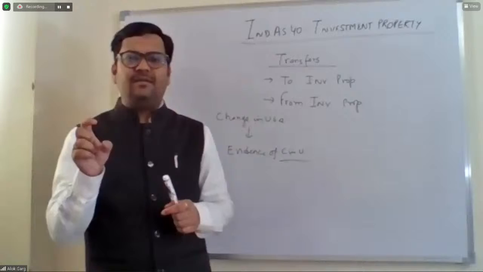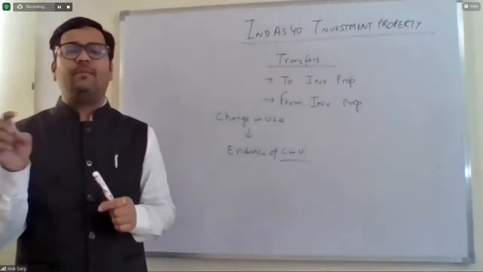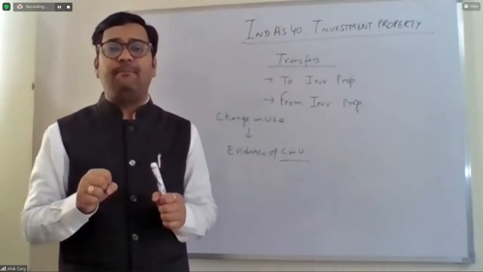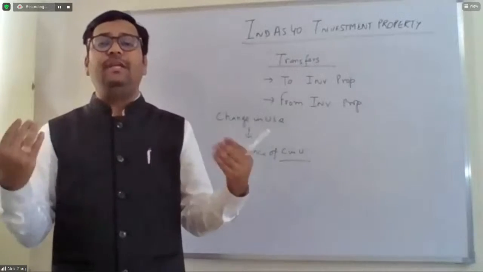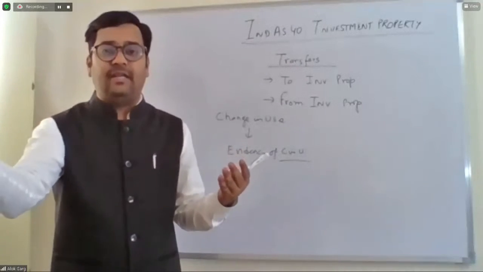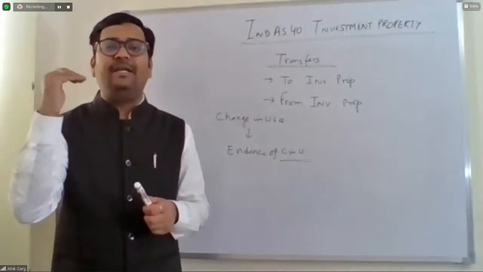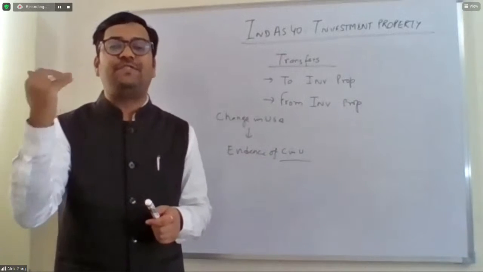So in this case, it is not only about management intention. For example, management is saying we intend to lease out this building, but to support the intention there must be some evidence of change in use.